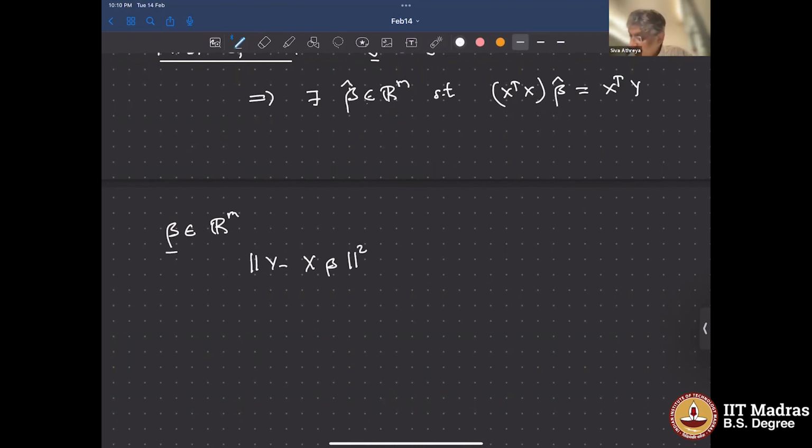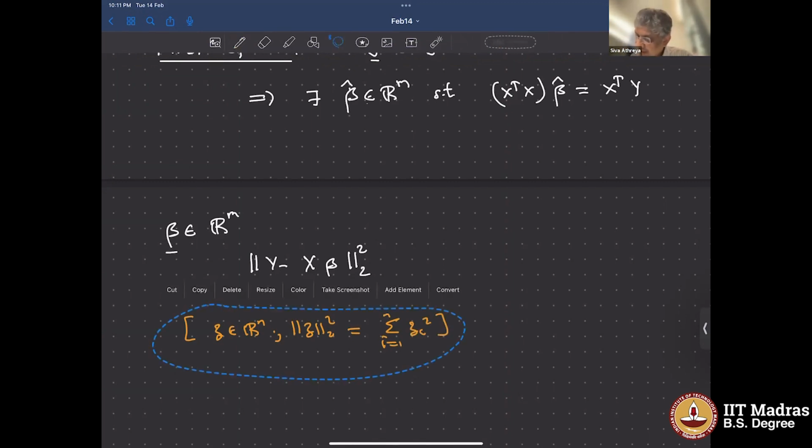Recall before that if I take a Z in R^n, then the L2 norm of Z squared is equal to the sum from i equals 1 to n of Z_i squared. That's what this is, right?